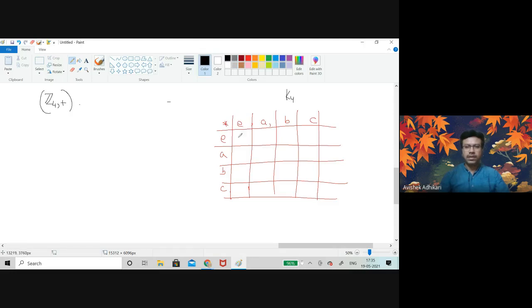The elements are E, A, B, C; A, E, C, B; B, C, E, A; and C, B, A, E. So this is the table for the star operation with respect to the Klein's 4 group.